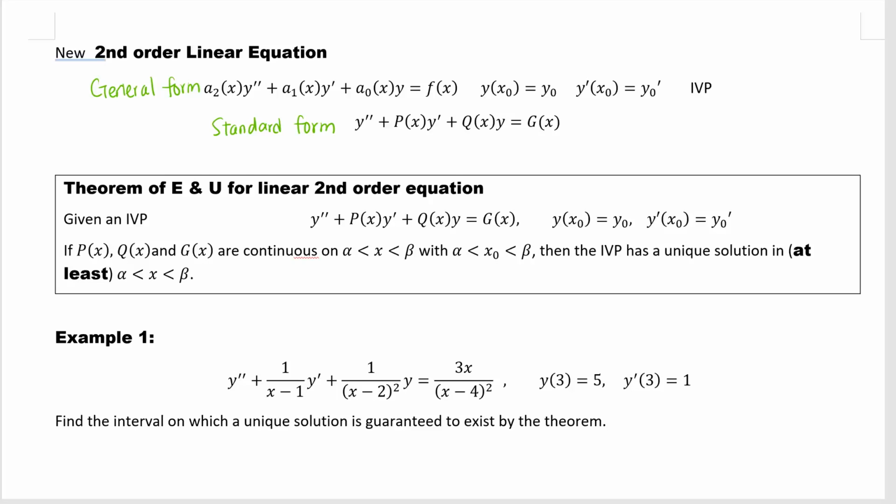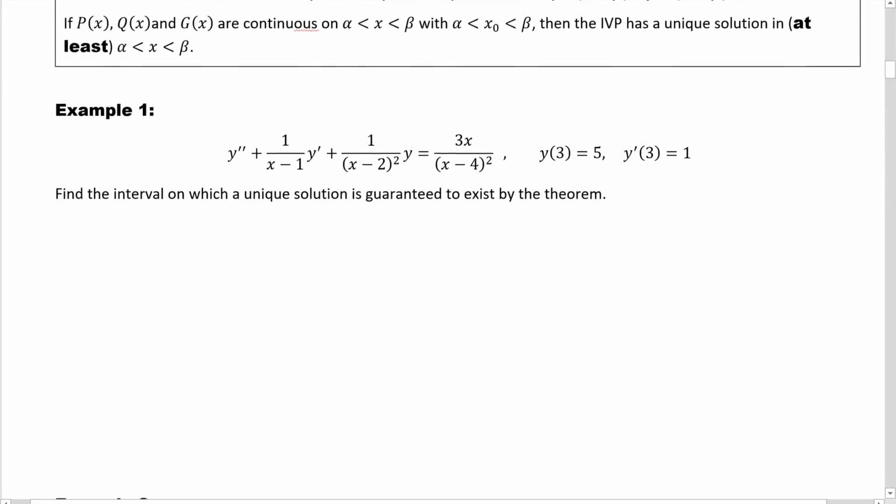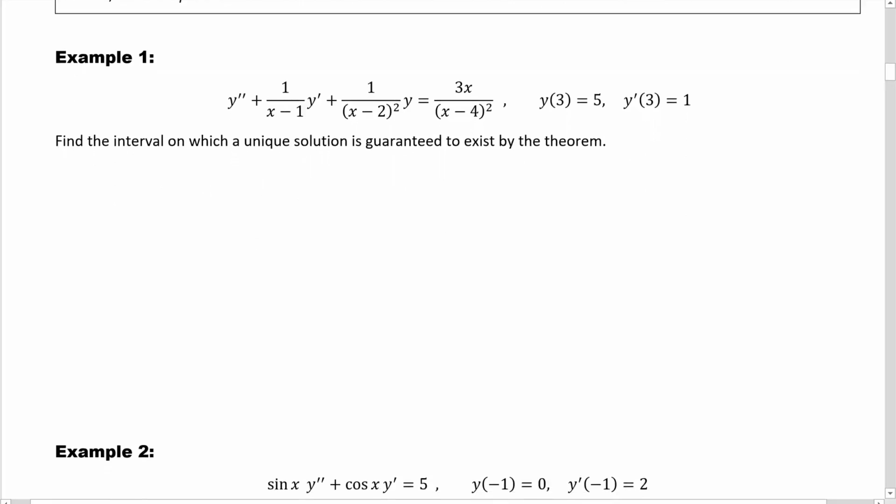All right, so it's time to look at our example 1. We want to find the interval where all the coefficient functions are continuous. So let me remind you of the necessary concepts about this.